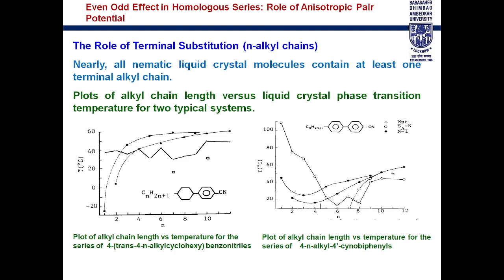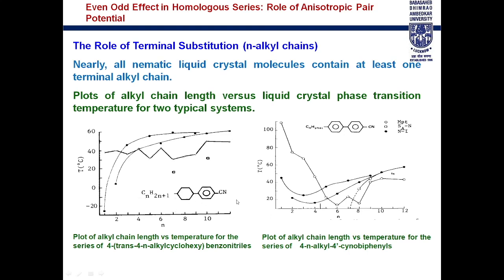For the even-odd effect, the role of terminal substitution, that is the alkyl chain, is significant. All nematic crystal molecules contain at least one terminal alkyl chain. A plot of alkyl chain length versus liquid crystal phase transition temperature for two systems is shown here.